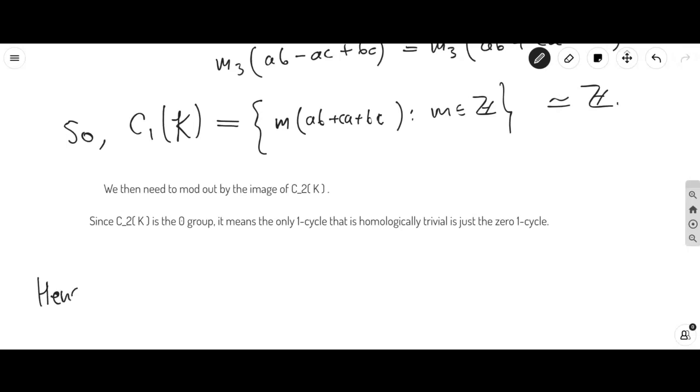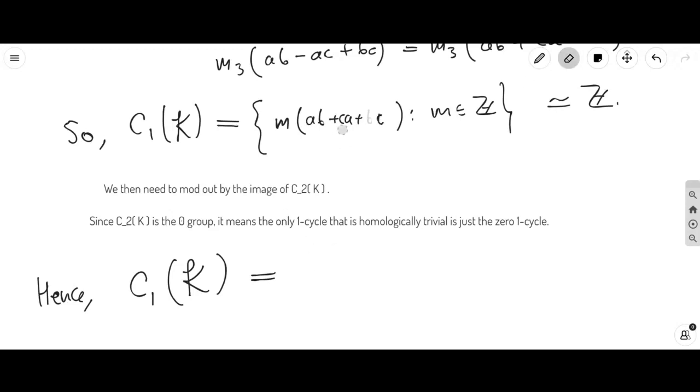So hence, the first homology group of this complex is therefore equal to the set of homology classes.